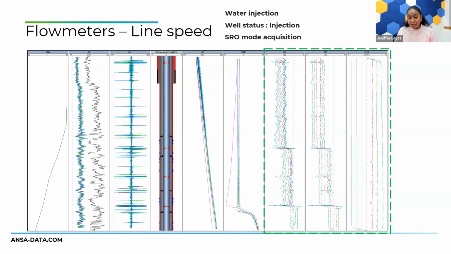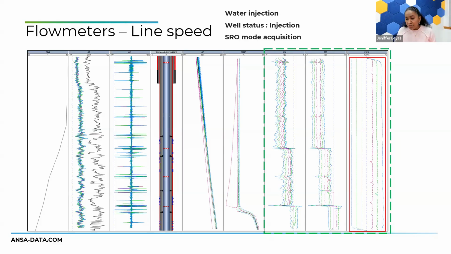Basically, for PLT logging we require a steady logging speed at our different passes. And in this data set, this is what we are seeing. The line speed is steady, and that gives us confidence in the response that we are going to get from our flow meters.